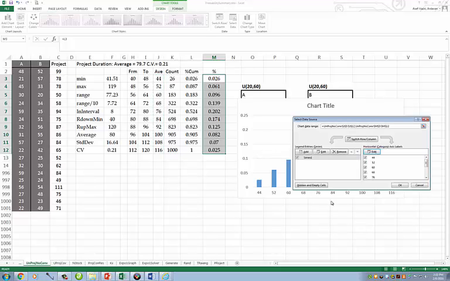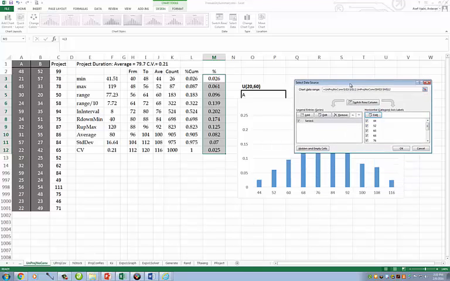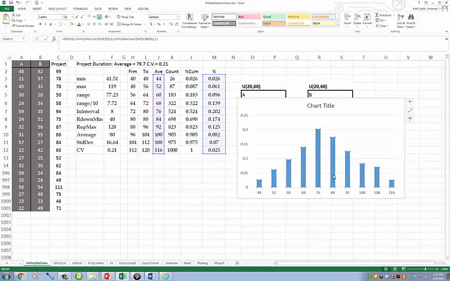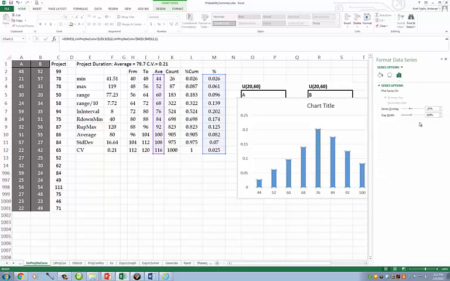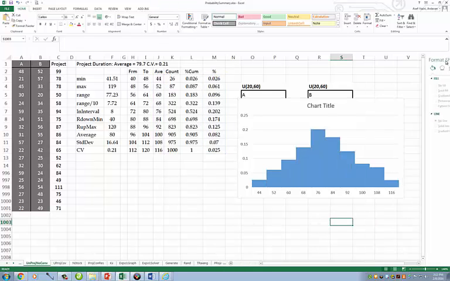Those are the averages of the lower limit and upper limit of each category. And then I say OK. Then I select the data, format data series, and then remove the gap. Now I have a graph like this.